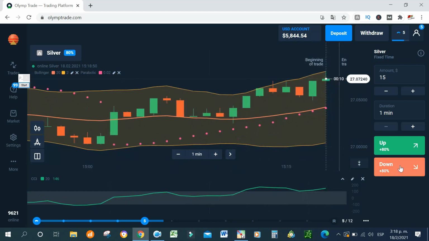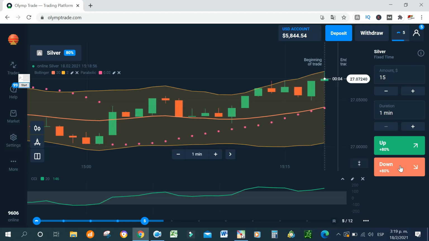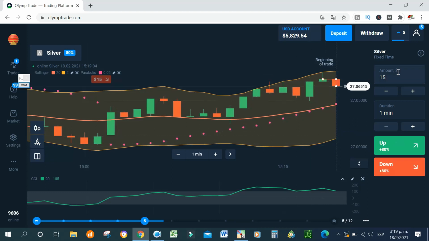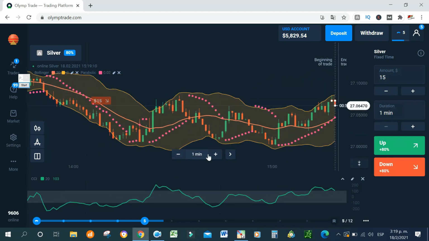Okay, and I'm going to sell too. Right, 3 seconds, 2 seconds. All right, here we go. So it's a $15 trade for 1 minute expiration, just because of that.